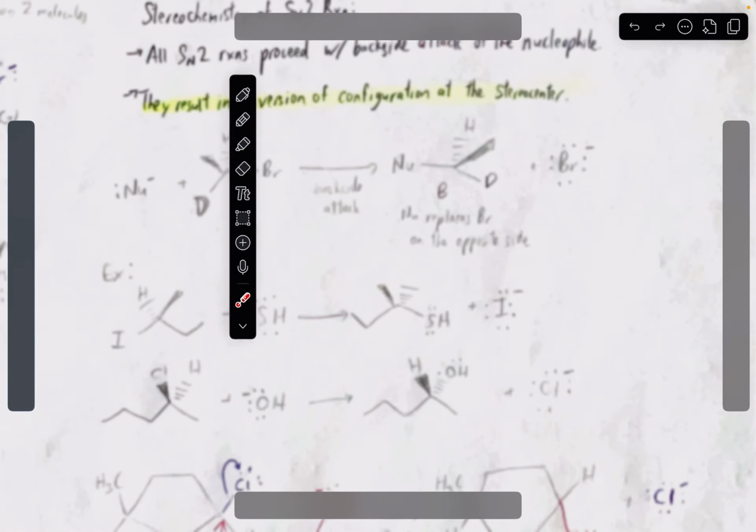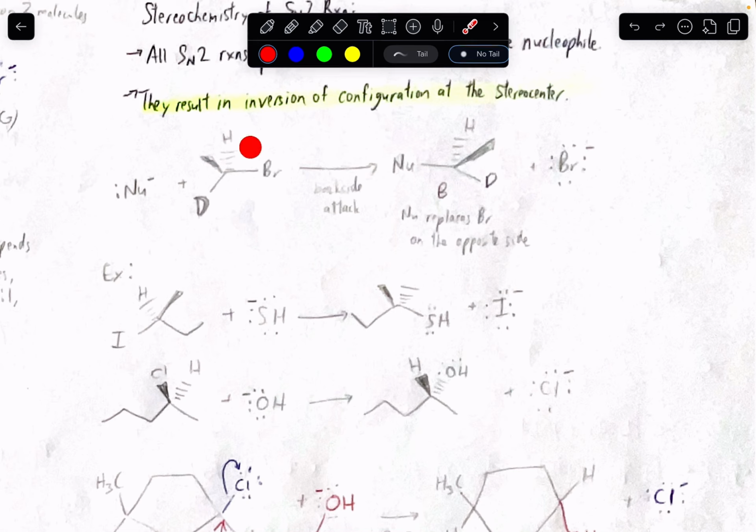Nucleophile, and then we have, okay, we can perform backside attack because bromine is facing at the back. So in its place we have Nu. Okay, so that makes sense.